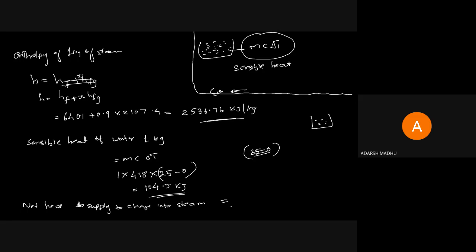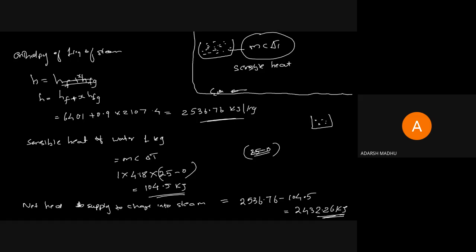So enthalpy of steam minus the initial sensible heat of water, that is 2536.76 minus 104.5, that is 2432.26 kilojoule. So this amount of heat is required to be applied to that particular water to change the mass of 1 kilogram of water into steam.